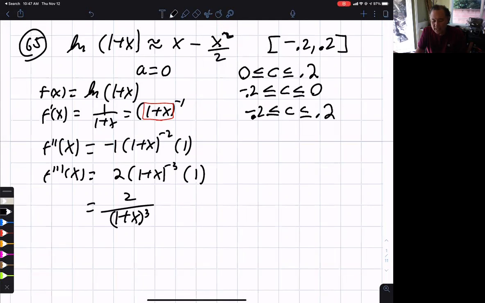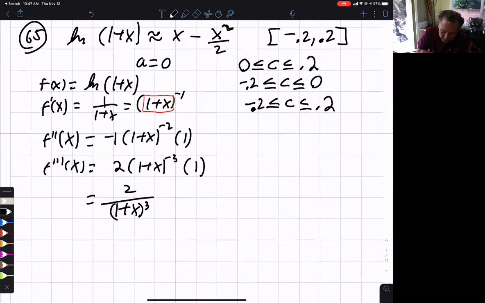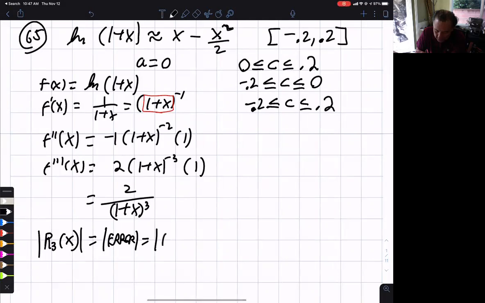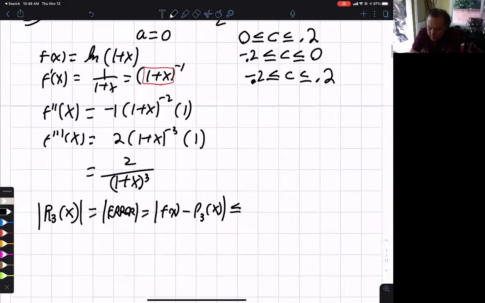So what is our Lagrange error bound? It's going to be the third order remainder at some x, or we can call it the error, or we can say it's the actual value f of x minus our Taylor polynomial, which we now bound using the Lagrange error.